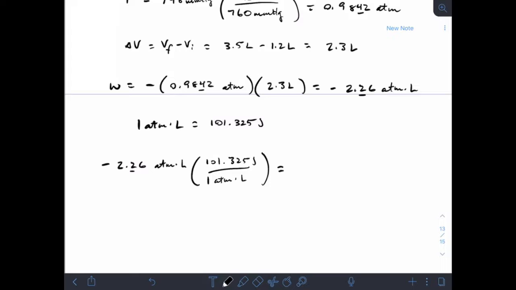We end up with negative 230 joules. Or better yet, to be less ambiguous about our sig figs, we would say negative 2.3 times 10 to the 2 joules. Right, so work is coming out of the system, so that means that the system is doing work on the surroundings.